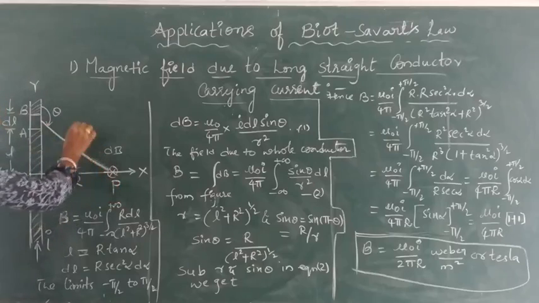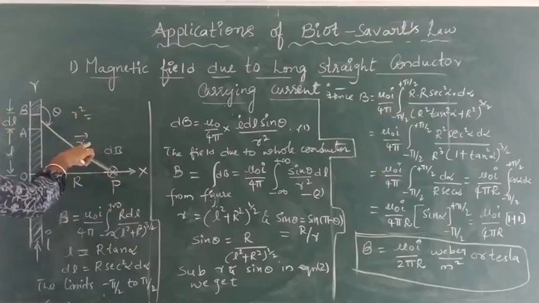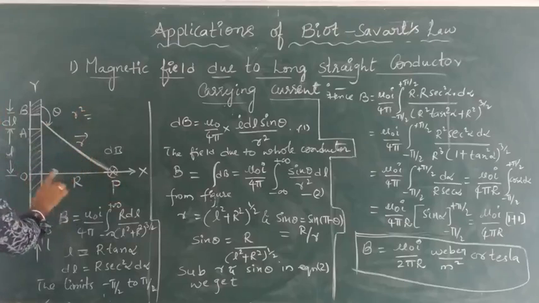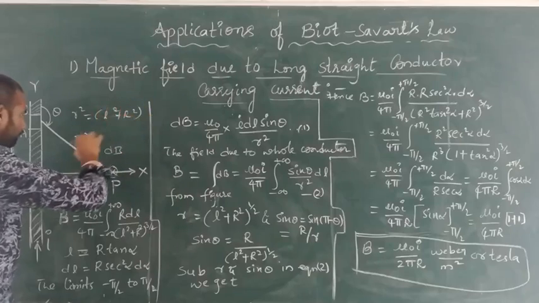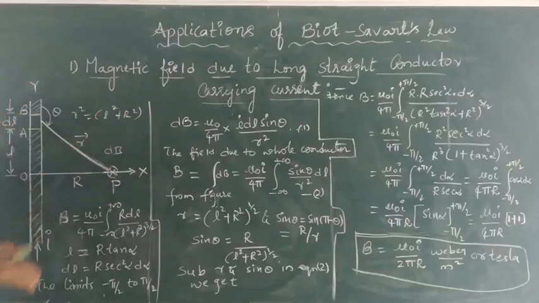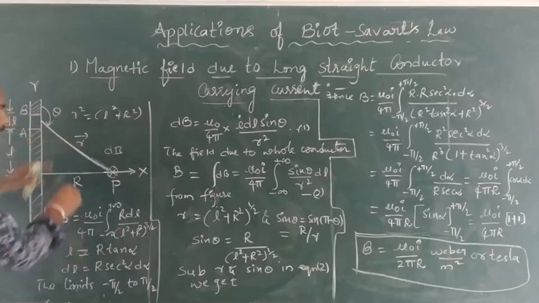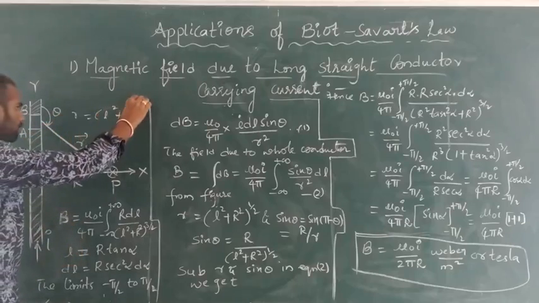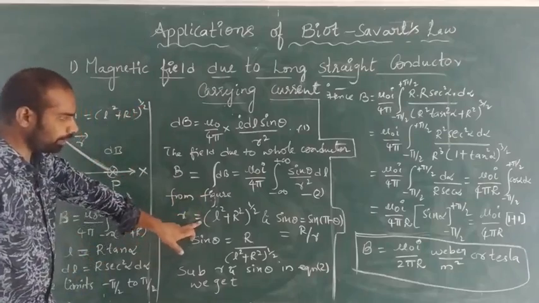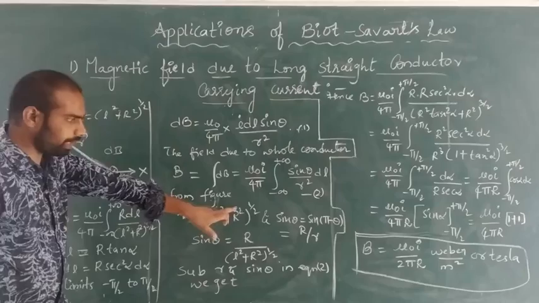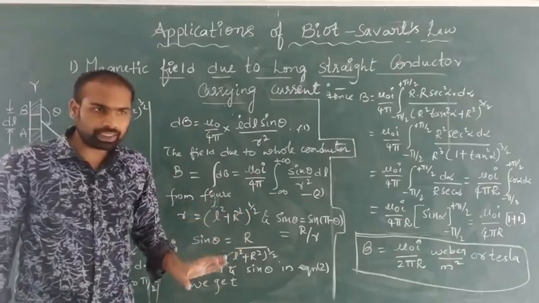From this right angle triangle, hypotenuse square equals opposite square plus adjacent square, so r square is equal to l square plus capital R square. Taking the square to the other side, it becomes power 1 by 2. So from the figure, small r is equal to l square plus capital R square whole power 1 by 2.